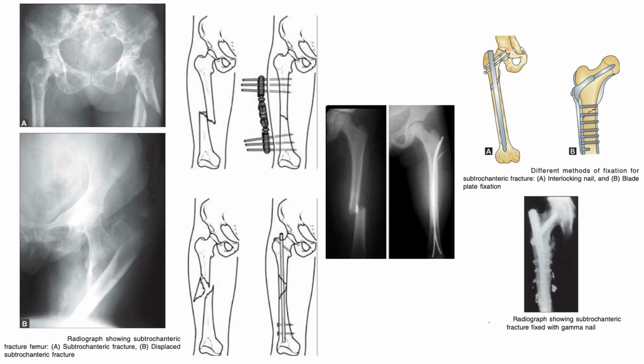Now, there are certain patterns of fractures and choice of implants. In low transverse fracture and short oblique fracture with 1 inch intact cortex, IM nailing or interlocking nail is used.